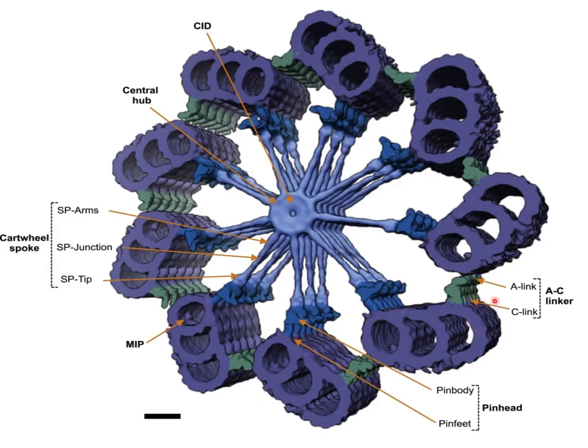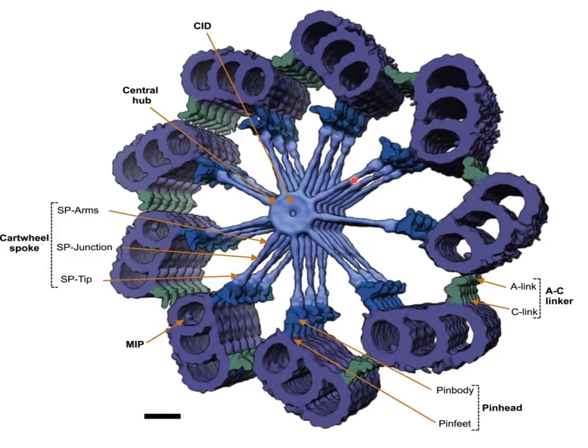This is called A link and C link, so completely we can say this is the AC linker, with the help of which these two triplets are linked with each other. In the center you can see the central hub is present, and this central hub is also attached with the peripheral fibrils with the help of radial spokes.